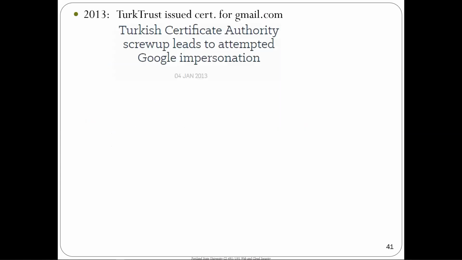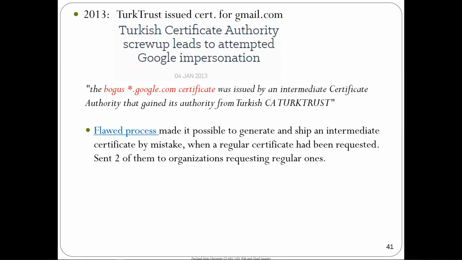2013, this was a misconfiguration, I believe, and TurkTrust was tricked into issuing a certificate for gmail.com. And so all these bogus google.com certificates were issued, and this allowed whoever generated them to point Google traffic over to a site and then appear legitimate to the people visiting that site. And it was a flawed process in this case.